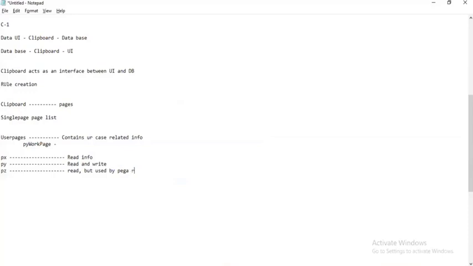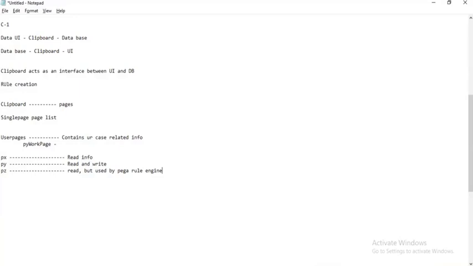This is also read only. Any questions here? PX, PY and PZ. These are Pega internal properties.